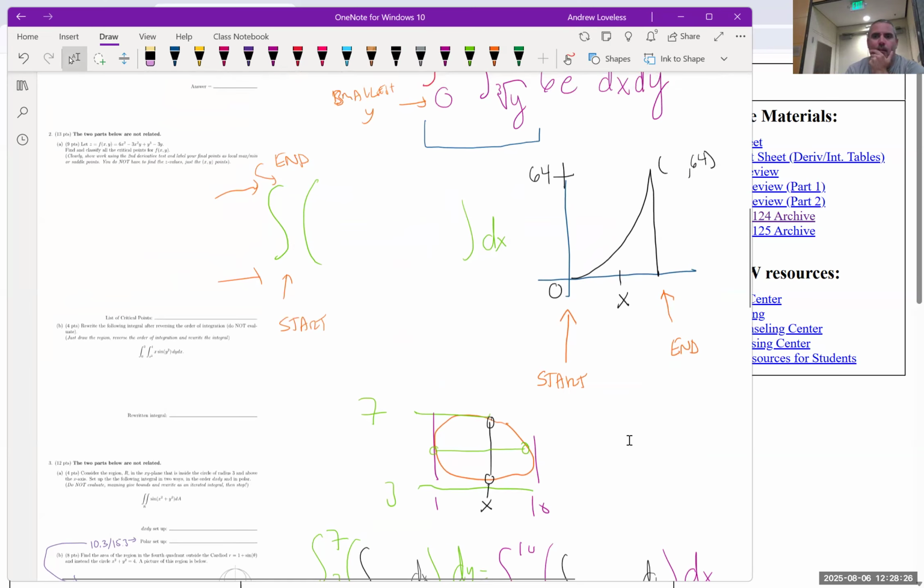So in this case, if I'm doing it in terms of x, the biggest and smallest x required some solving, but this was 4. You had to figure out when x cubed was 64, and this is 4.